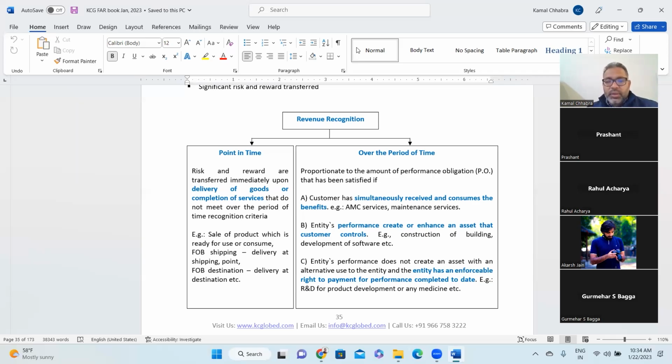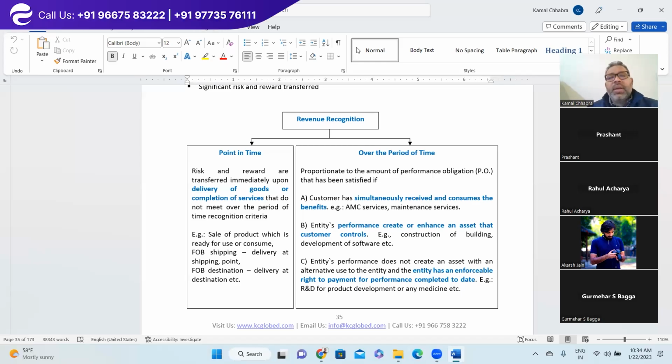If you are developing software for a customer, that software will be an asset for the customer, and when you are incurring time in building that software, you are building an asset for the customer, right? And it generally takes a longer time. The same is the case with construction of a building.